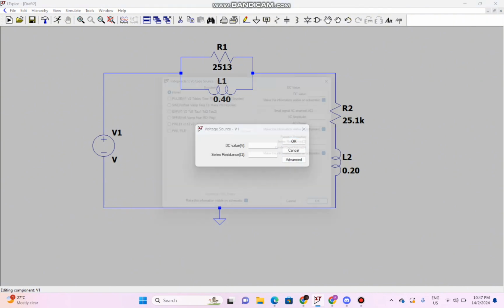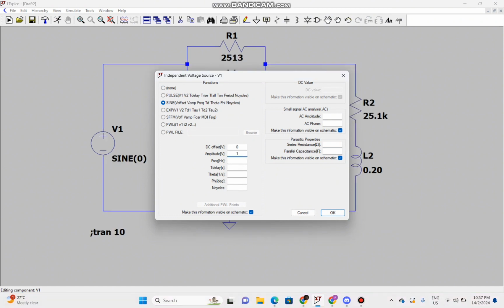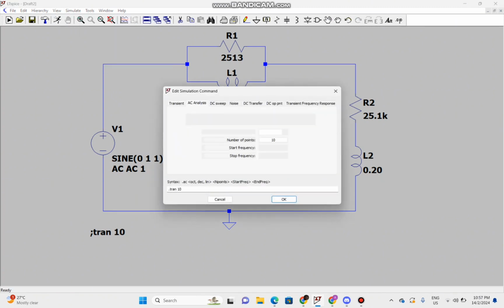For the voltage, we click advanced, click sine, amplitude 1, frequency is 1. And don't forget to click on AC amplitude. You have to type AC 1. Then we don't click on this running man yet. You have to simulate, edit simulation. Click on AC analysis. Type of sweep is decade.